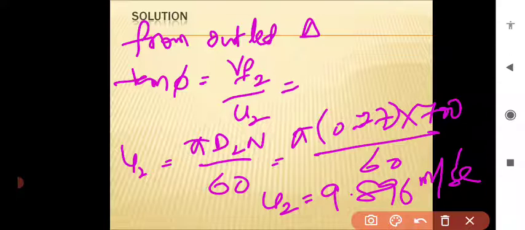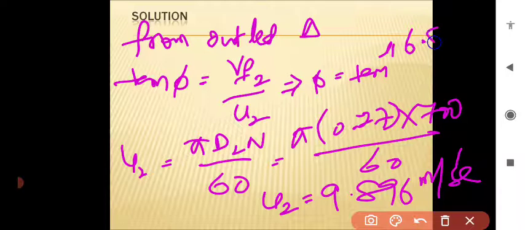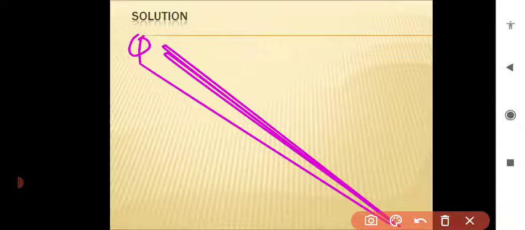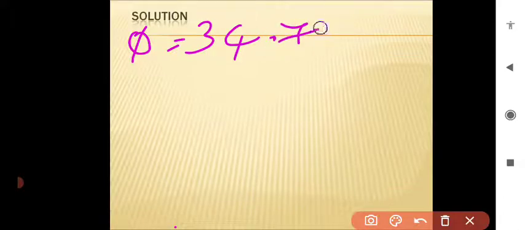Phi is equal to tan inverse of VF2, which is 6.682, by 9.896. So finally phi is equal to 34.74 degrees.